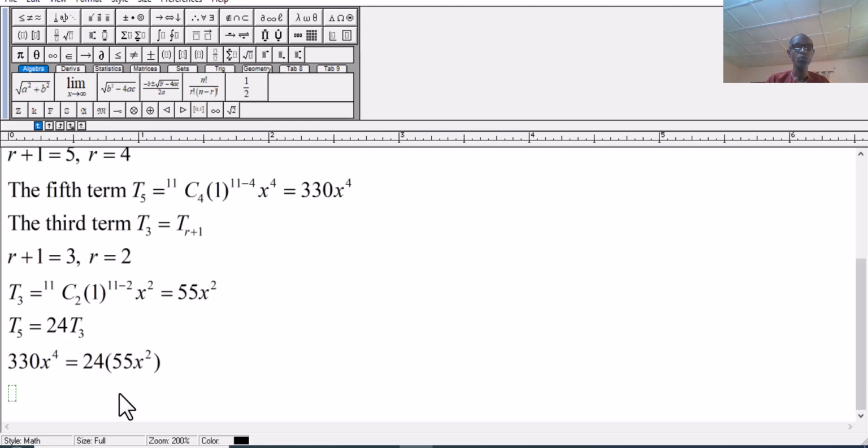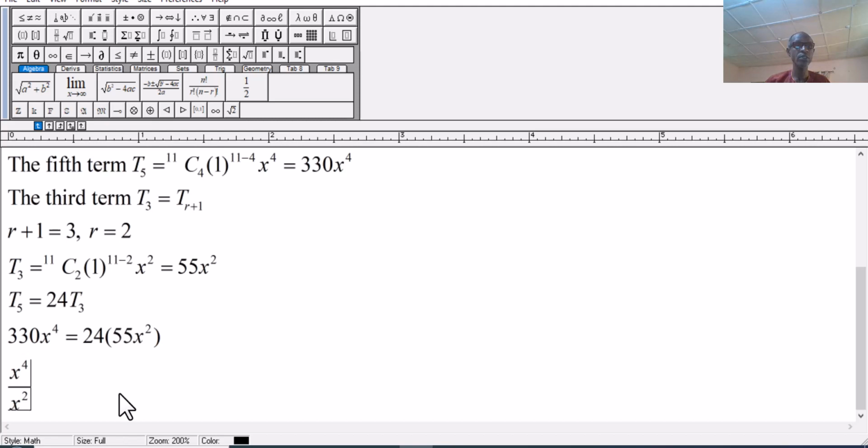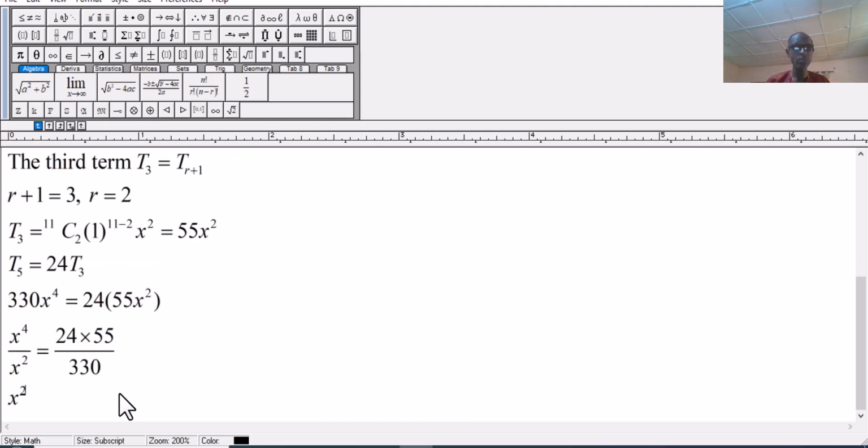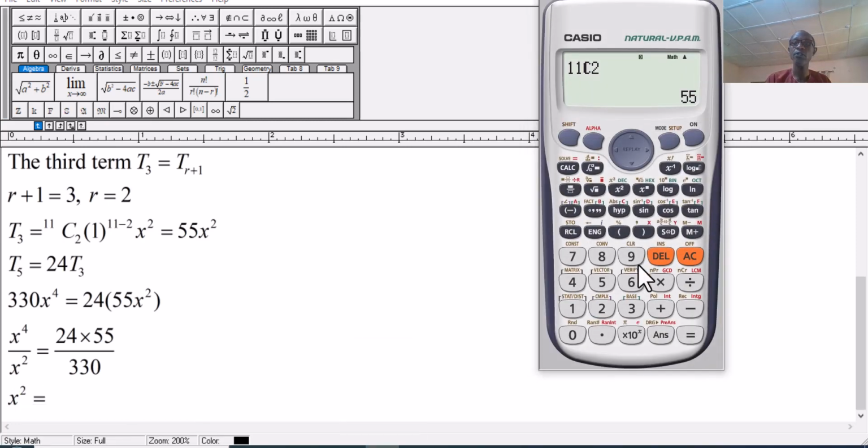So let's collect the terms together. We now have x to the power of 4 over x squared is equal to 24 times 55 over 330. So this will give us x squared equals 24 times 55 divided by 330.